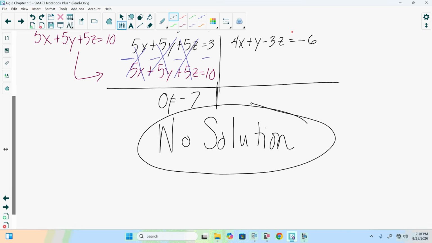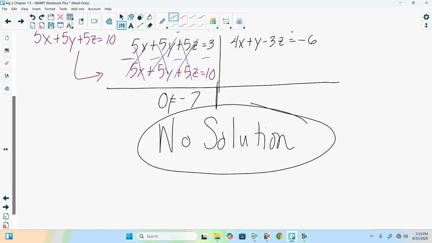Because there are some, we might see it, where it's going to end up eliminating one, but the others are still going to combine and get a number. But 0 equals -7 is telling us that those two planes are parallel. They're not going to cross, so there is no solution.